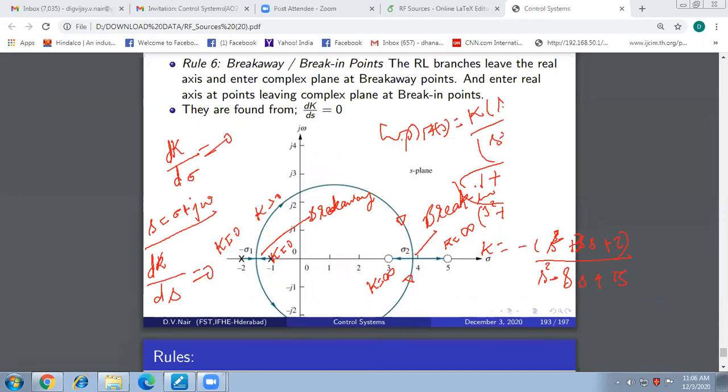Sachin, are you solving this? You should unmute yourself, friends, when I ask you something. Yes, Harshini, are you solving what I gave you? dk by ds equal to 0.